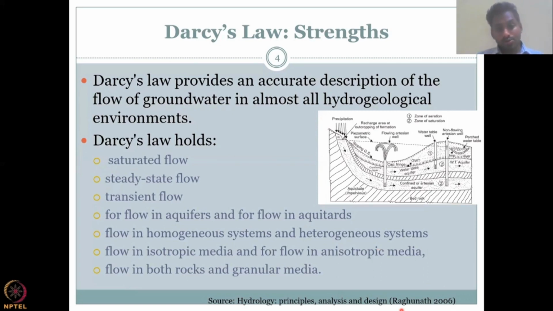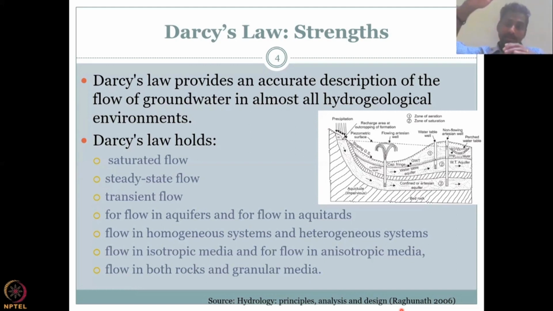It also holds good in both rocks and granular media. What are rocks? Rocks are the deep aquifers where you have the porous space still present, but it is mostly fractures and also less connected porosity. So that is the rock medium. The granular media is above the rock, where the rock has weathered and soil has formed.